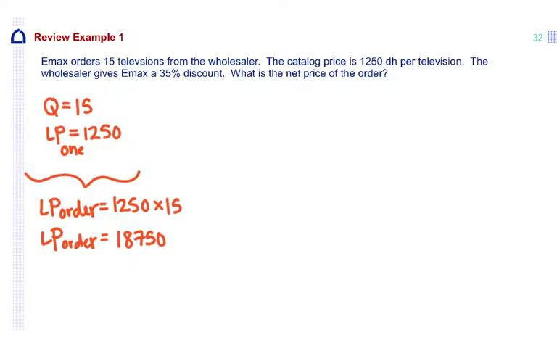$18,750, and it says there is a discount rate of 35% off. So it's always better to put it as a decimal, 0.35, and we want to know the net price of the order. So I will use this formula: the net price is the list price times 1 minus the discount rate.